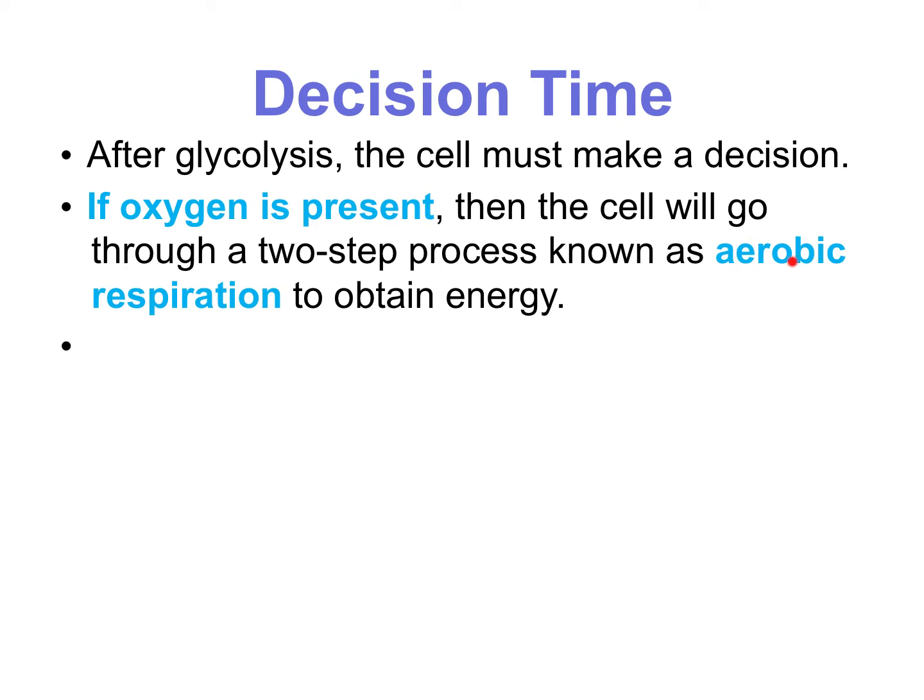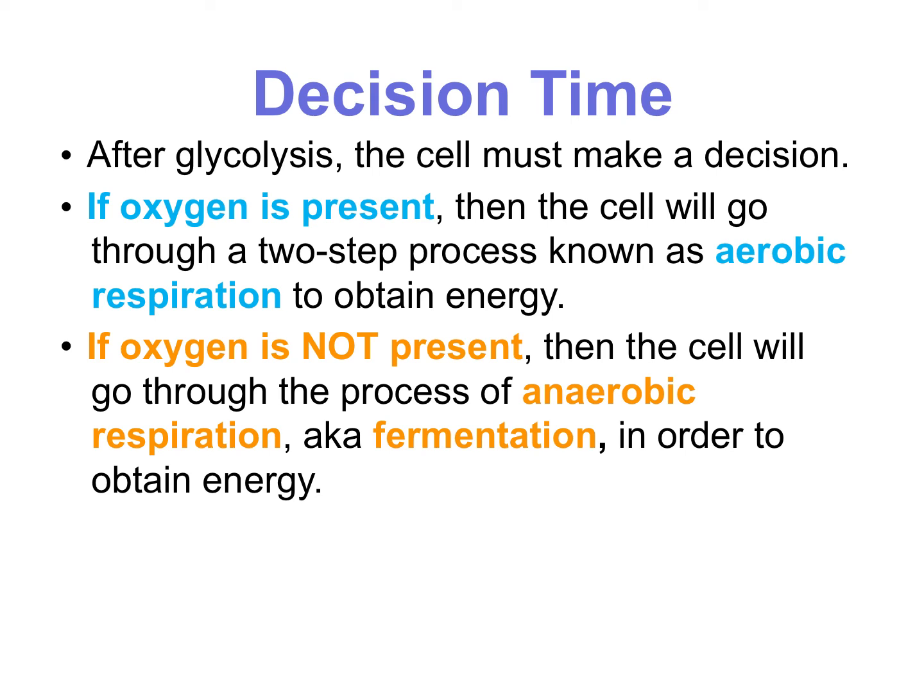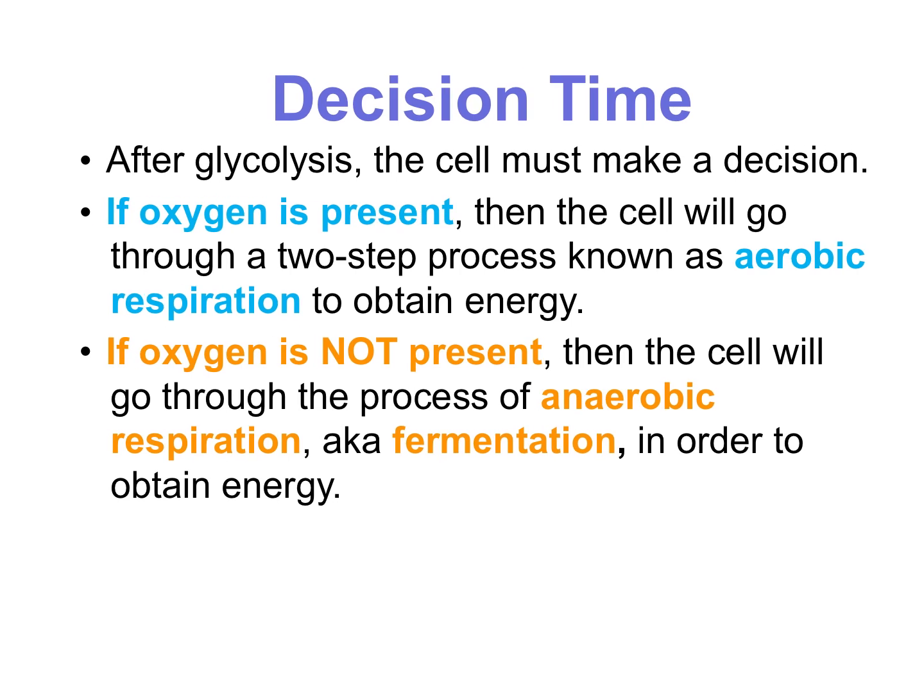And again, aerobic means with air, with oxygen, to obtain energy. And if oxygen is not present, then the cell will go through the process of anaerobic respiration, also known as fermentation, in order to obtain energy.